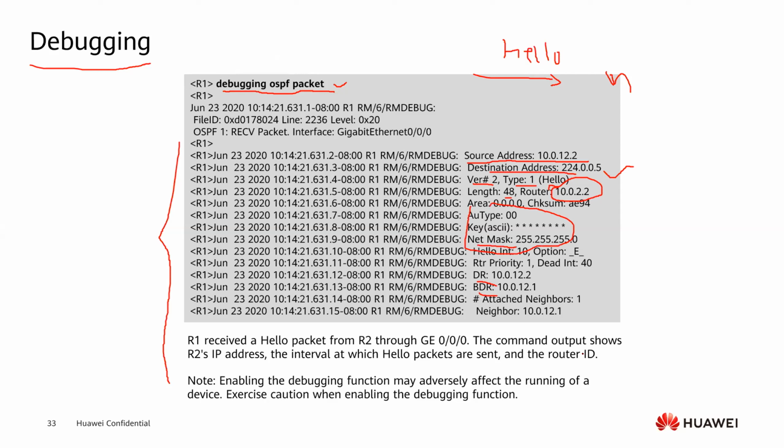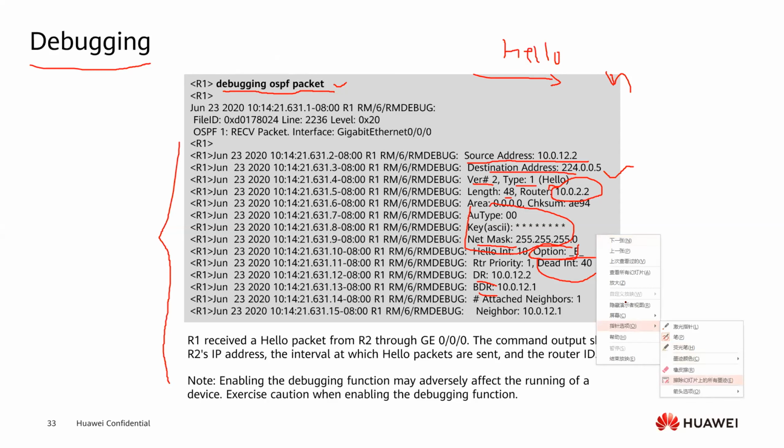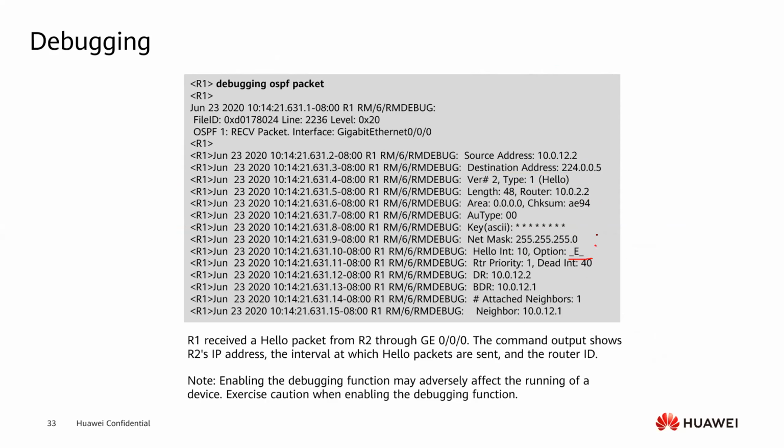And the hello and dead interval, and the option E, which means it supports type 5 and type 7, type 5 LSA. So with the debugging command, we can see why the OSPF neighbor is not normal.